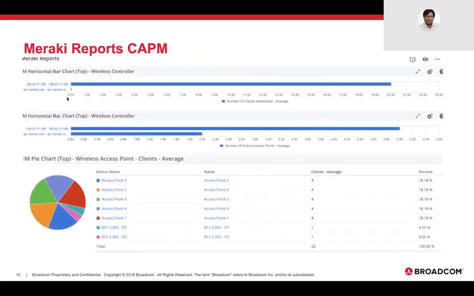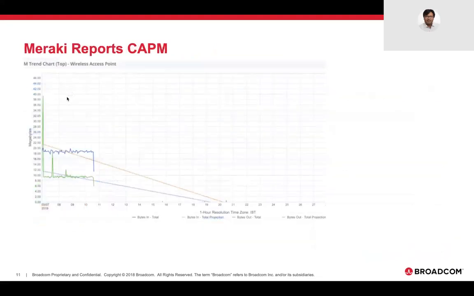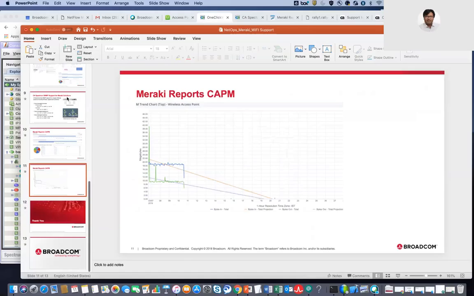Again, these are screenshots out of the actual CAPM views for the Meraki charts, and this is the bytes in, bytes out. So with that, let me jump into my actual system here, where we'll see more details.